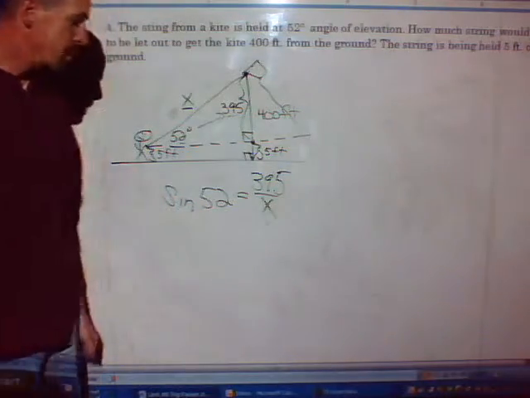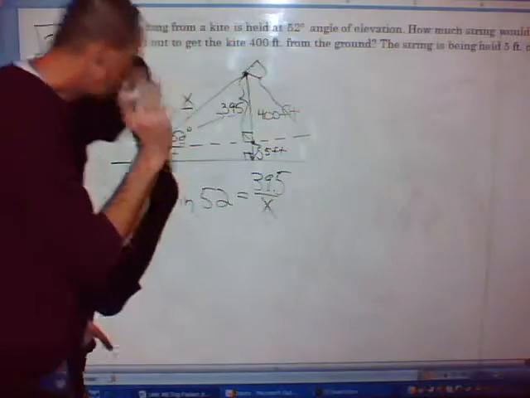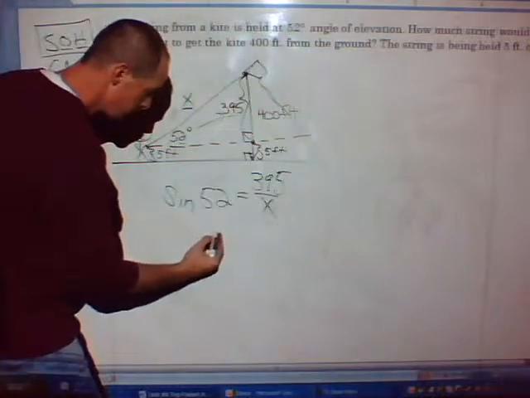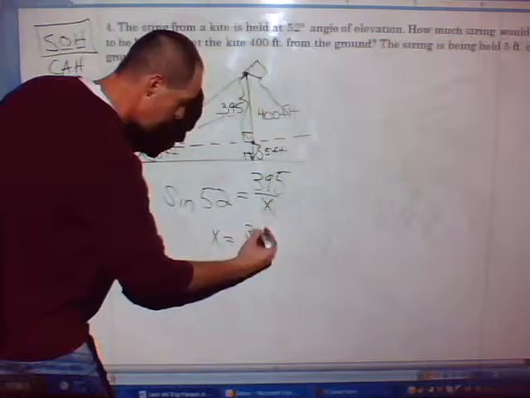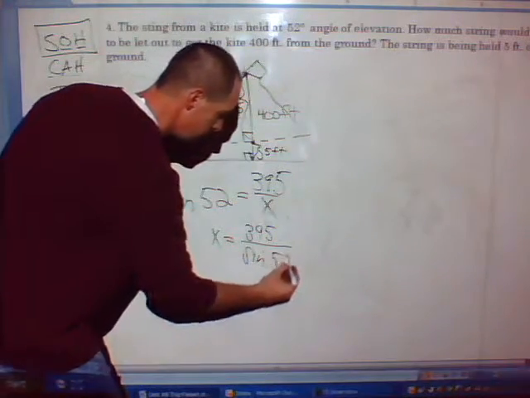Now, because our variable is in the denominator, we're going to divide. So x is equal to 395 divided by sine of 52.